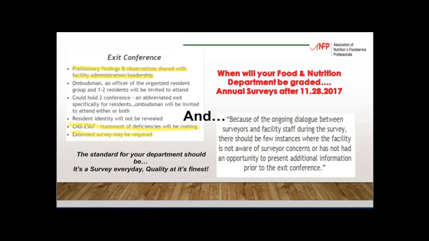So what you need to show here is if it was truly a training issue, say it was a hand washing issue and you had not provided any hand washing in-services or trainings or could not show any competencies for hand washing, then they're going to say to you, we feel that a DIST, a directed in-service training on hand washing, needs to be held for all the personnel in your facility that have direct contact with food.